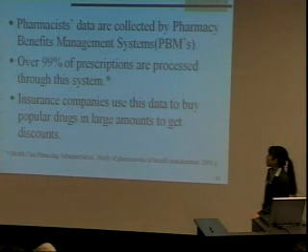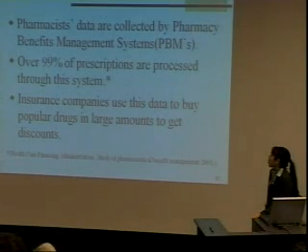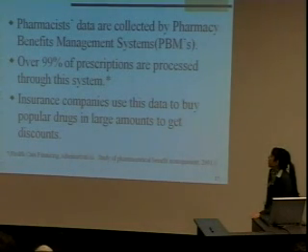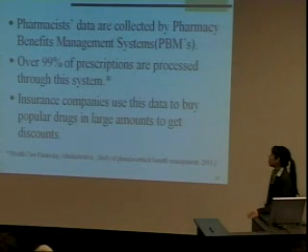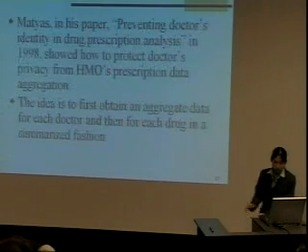From an insurance perspective, they collect or purchase the data from the pharmacist, and using those data they make a statistical analysis as to what kinds of drugs are popular, and once they find those popular drugs, they buy them in large amounts so that they can get a discount.